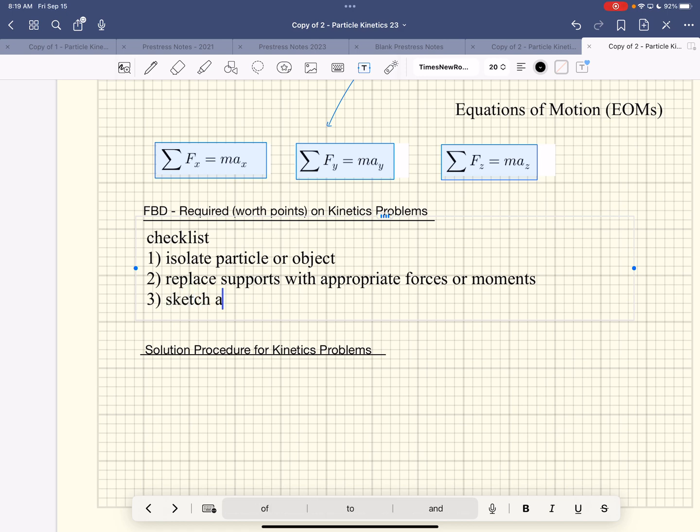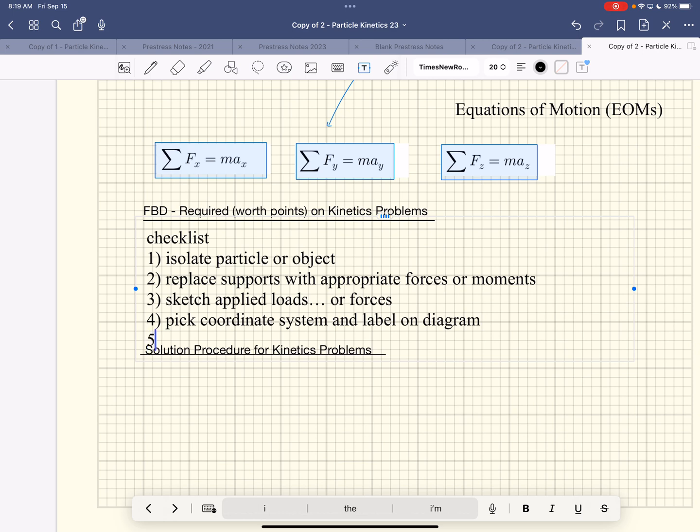We sketch applied loads, forces, and we pick a coordinate system and label it on the diagram.